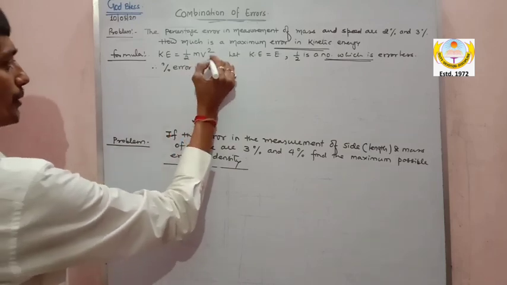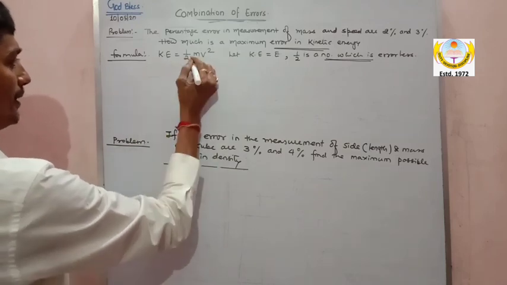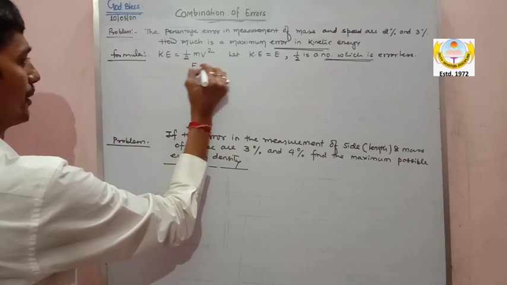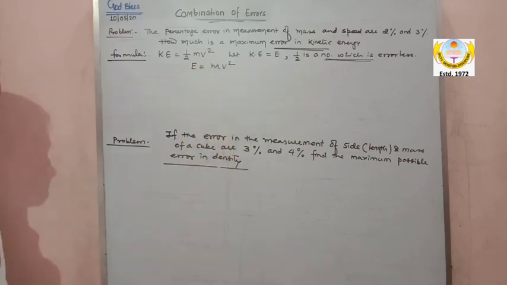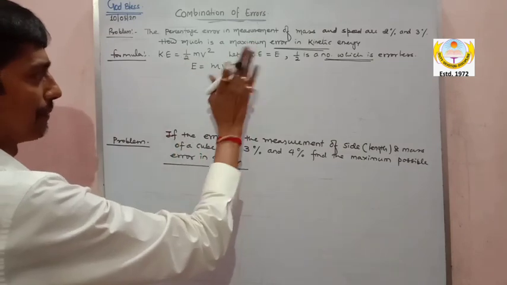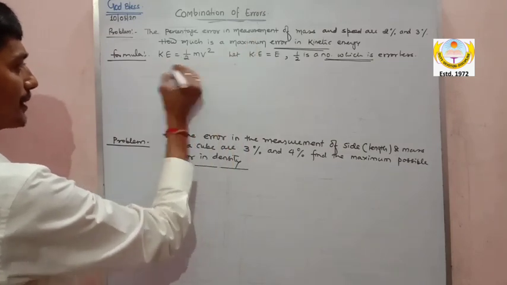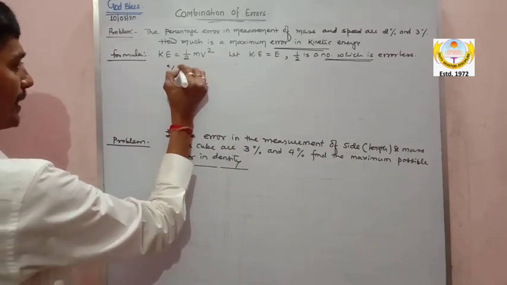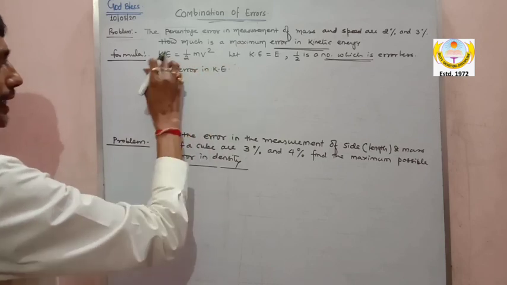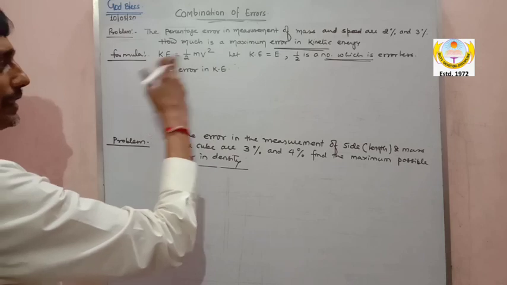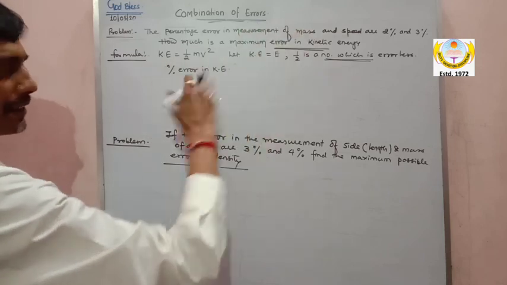So this will become, I will write here, E is equal to mv square. Now because half is a number which is out, when I write this, it becomes percentage error in kinetic energy. E is equal to mv square because E is taken as kinetic energy, half is a number, it is errorless.